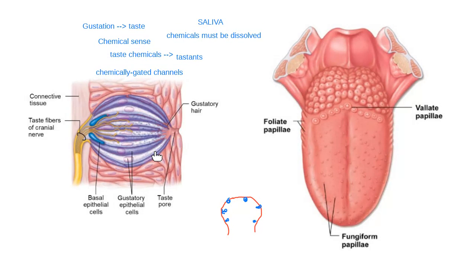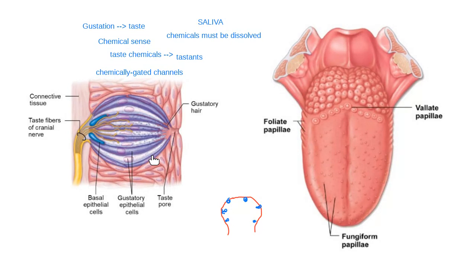Detecting the different taste sensations comes down to which kinds of gustatory hair cells are inside the taste bud. So assuming that we have a variety of different kinds of hair cells in the taste bud, we should be able to taste all the various sensations at different places on the tongue.